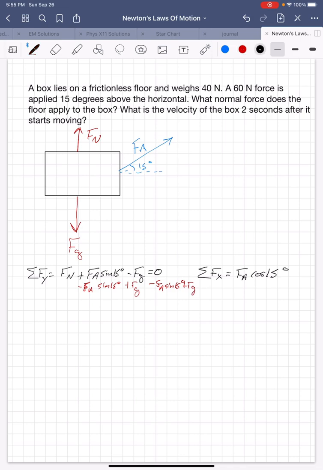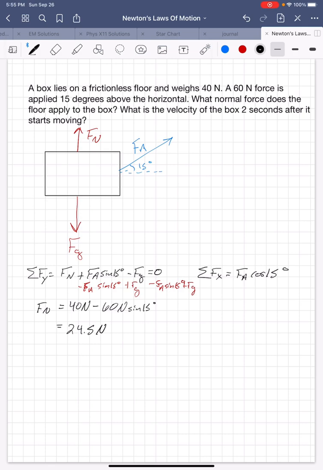And that tells me that the normal force is Fg, the weight, which is 40 newtons, minus the y component of the applied force. So that would be 60 newtons sine 15 degrees. And that is 24.5 newtons.